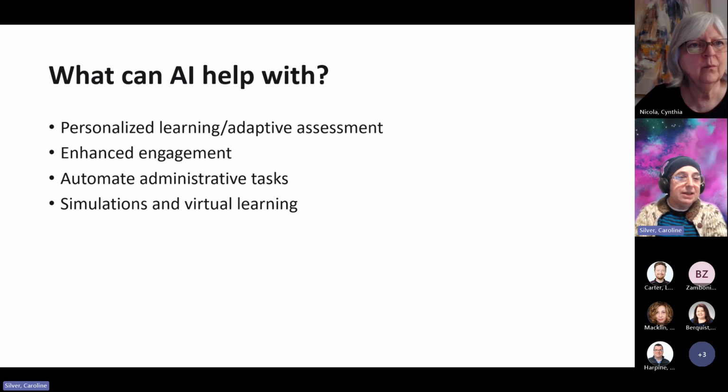Okay. Another thing is enhanced engagement. AI is very engaging, we all know that. Can we have the students go to AI, for example, and do something that will enhance their engagement? For example, maybe AI could help them consider different science experiments.